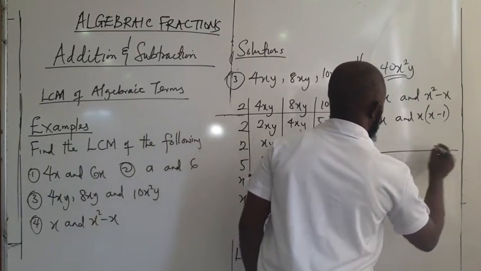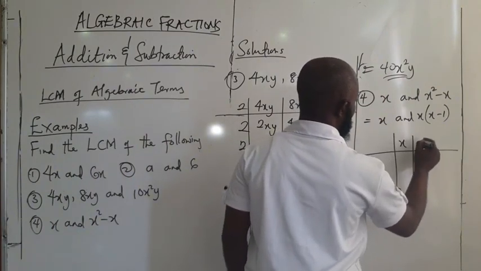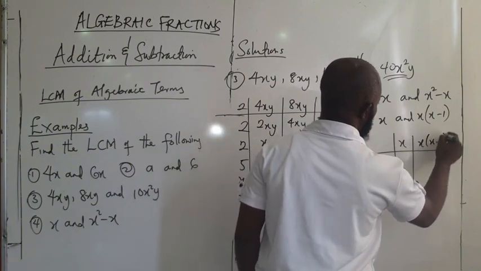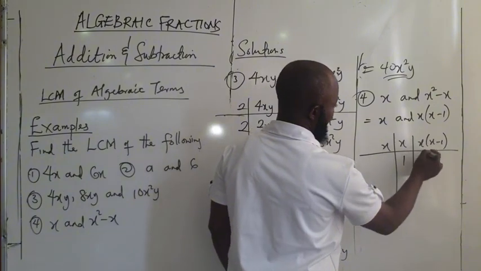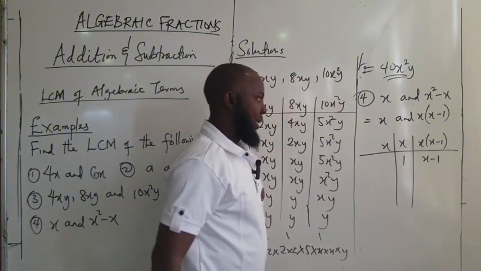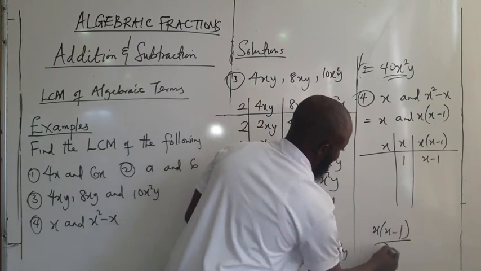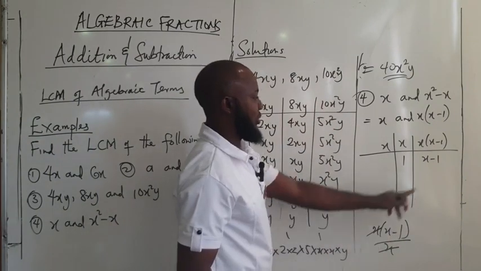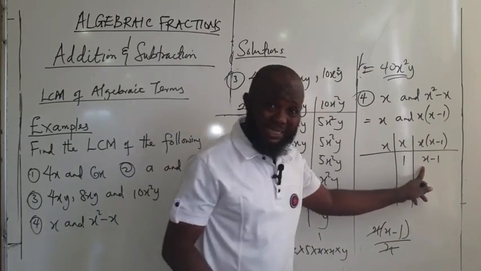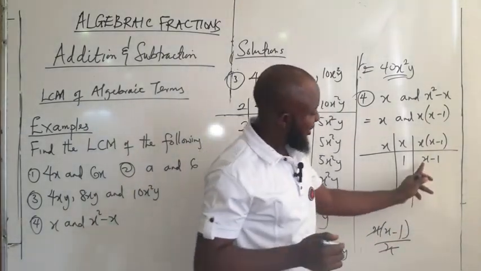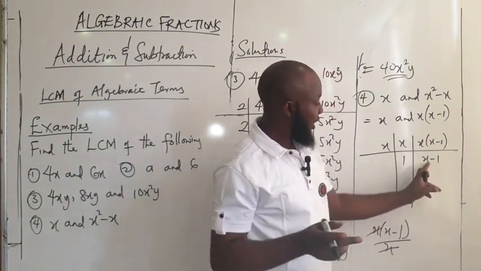So how? We have this, you have this. This is x into what? x minus 1. So what is common? x can go, this is 1, so this will then be x minus 1. That is, when you have x into x minus 1 divided by x, this cancels this, it remains x minus 1. That's what we have here. So what can go again? You cannot pick this x out single-handed because x minus 1 is a single term, so you cannot separate them.